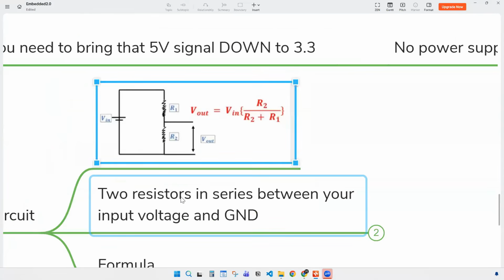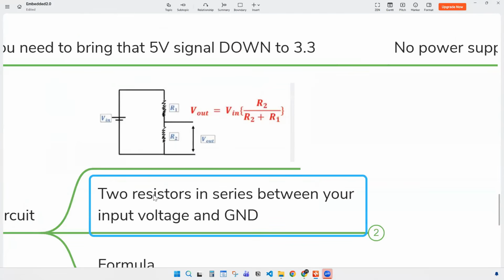Just by putting two resistors in series between your input voltage and the ground, this is the input voltage positive probe, and this is the input voltage negative probe. Between the positive probe of the input voltage and the ground, we are going to put two resistors, R1 and R2.